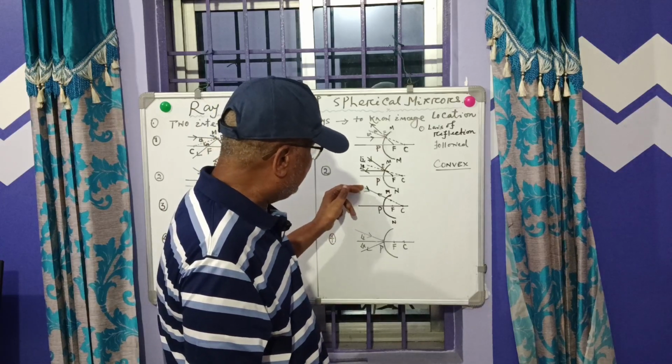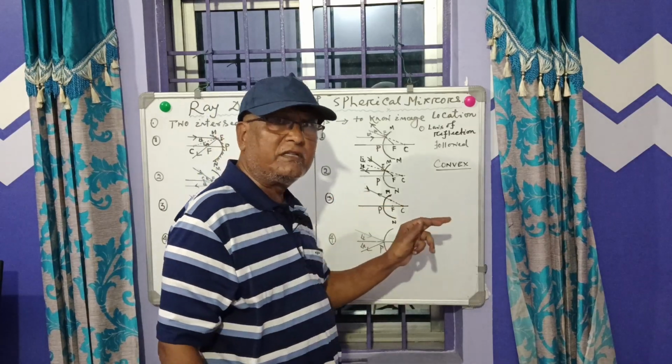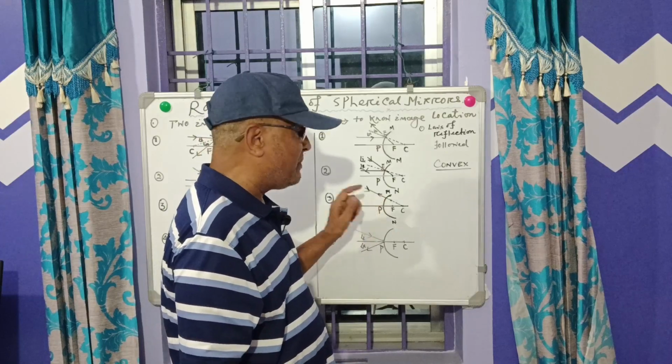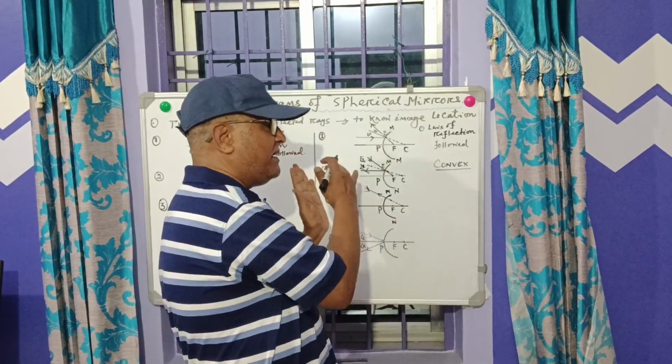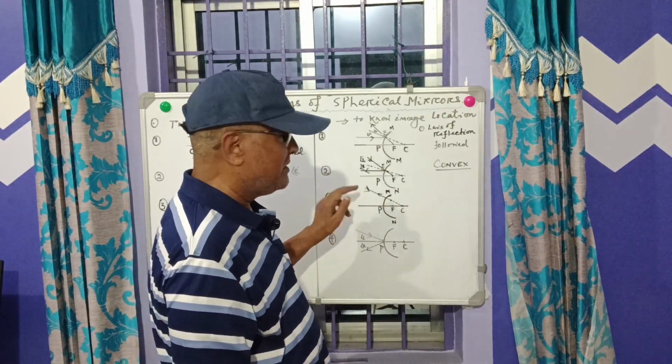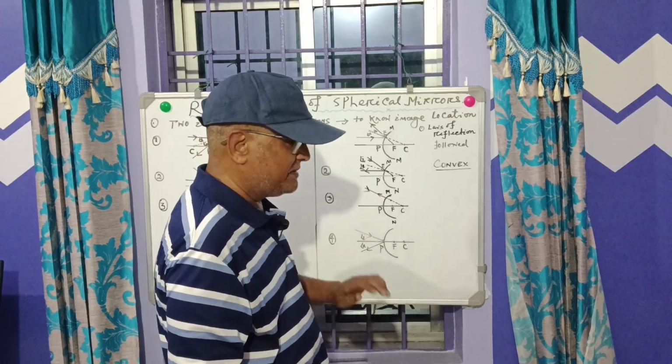And the incident ray directed toward the center of curvature after reflection returns back along the same path. Okay, so this is very important.